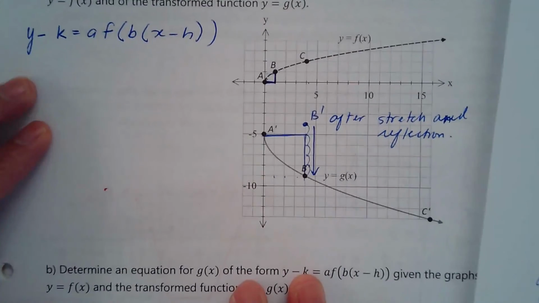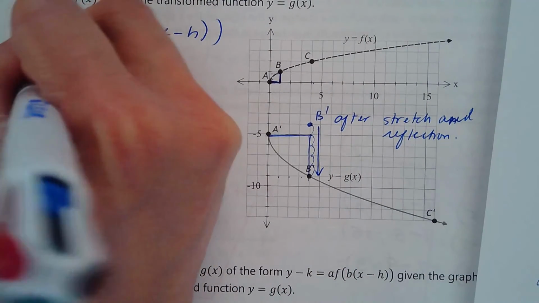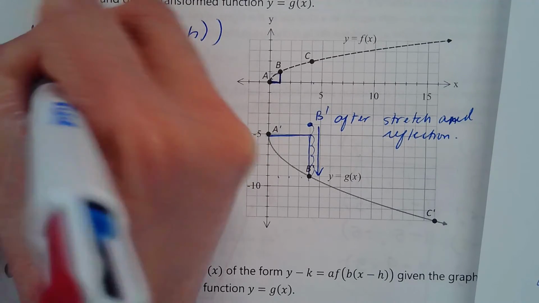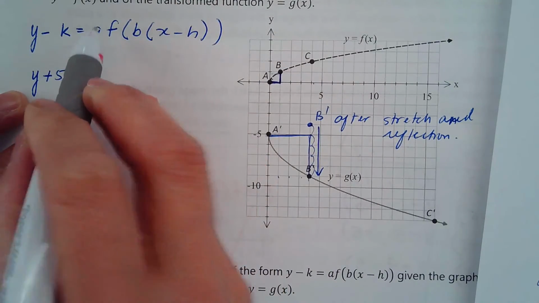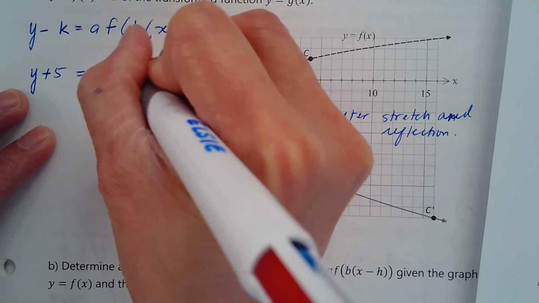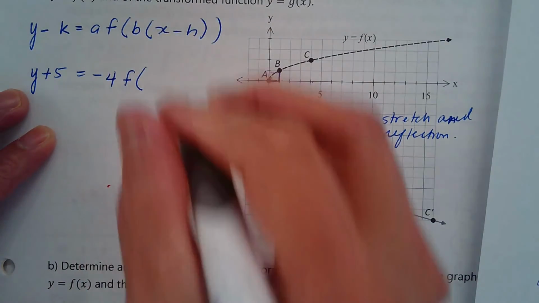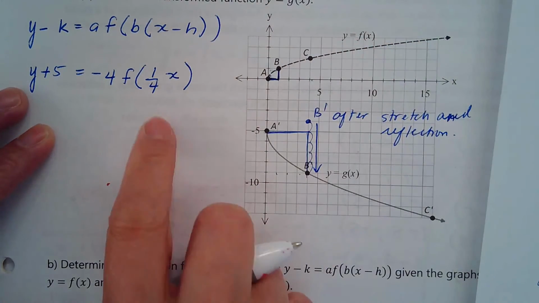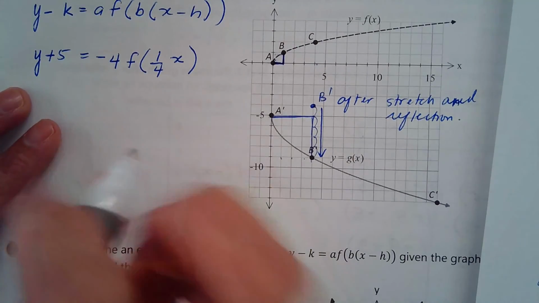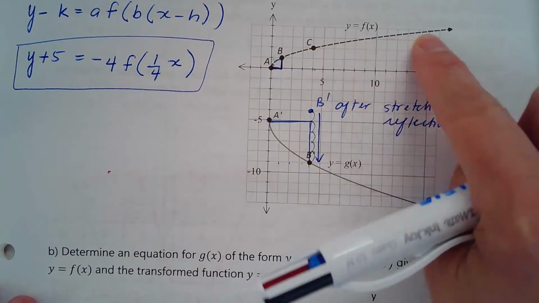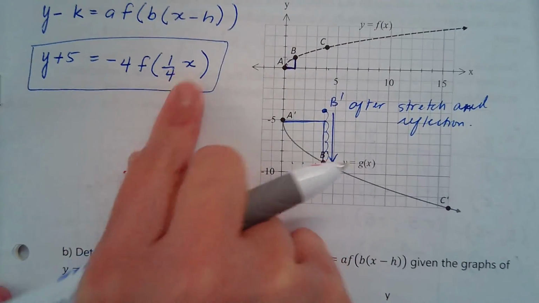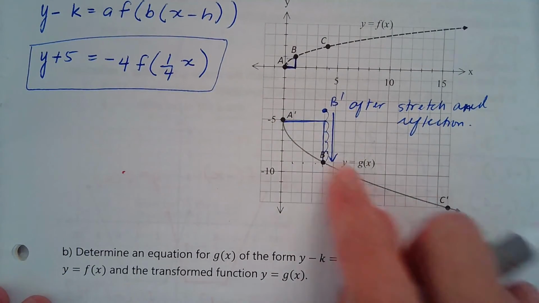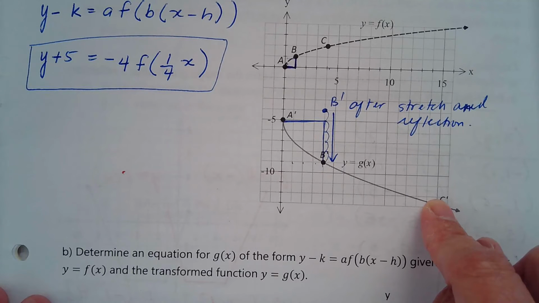So k is negative 5, so y minus negative 5, so y plus 5. A is negative 4, so negative 4. F of B, B is 1/4, times x. So this graph, after all of these transformations, is now down here. Okay, is that good?